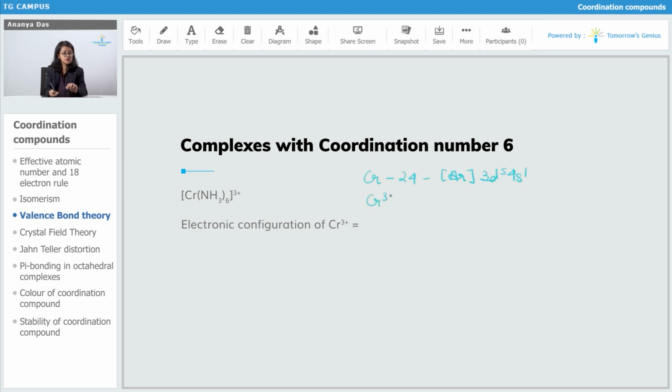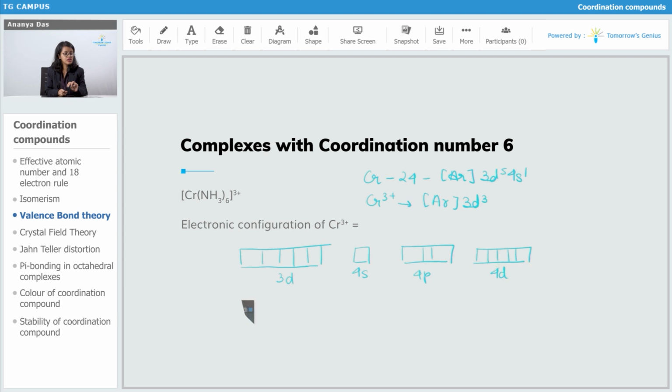So Cr3 positive is going to be 3d3. If you make the d orbitals, this is 3d, 4s, 4p, 4d.